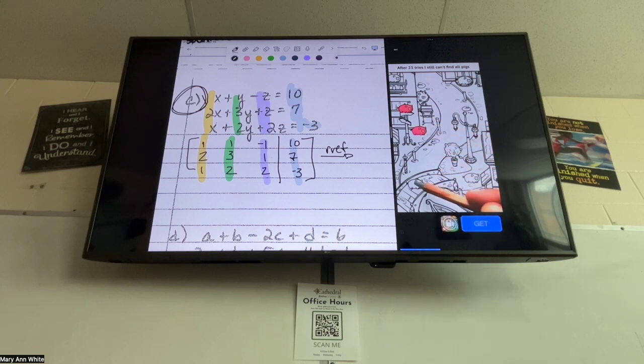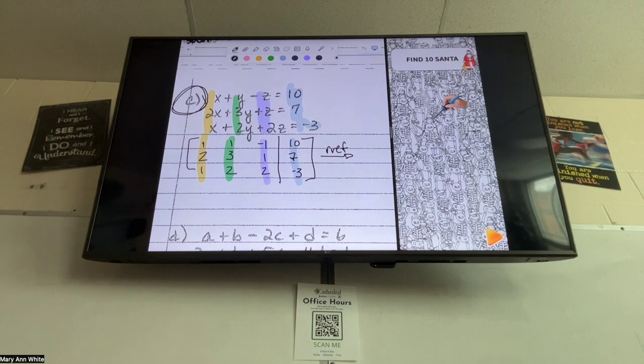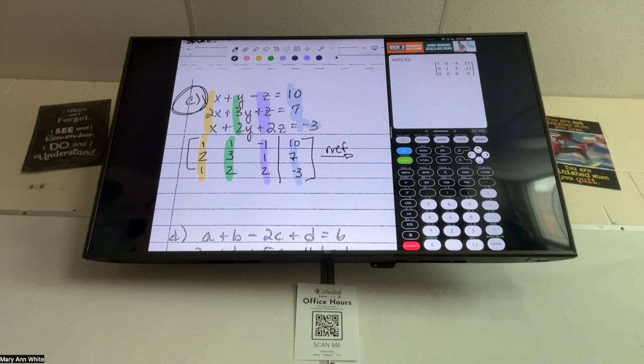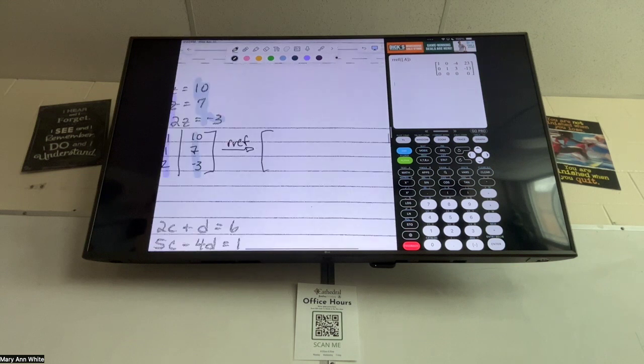Then you can press enter and you'll get the answer out of that. And so I got 1, 0, -4, 23, 0, 1, 3, -13, 0, 0, 0, 0.